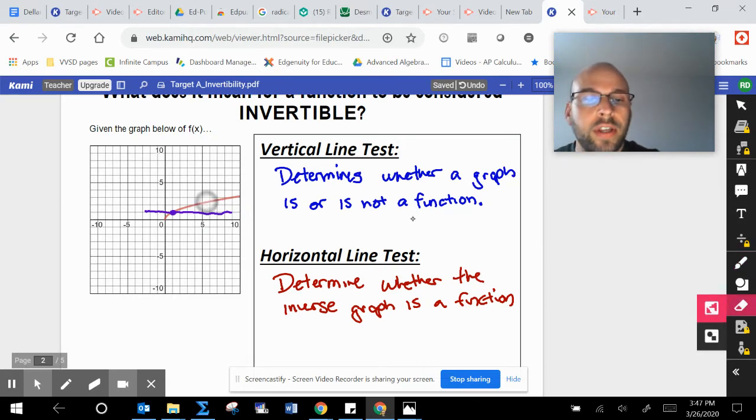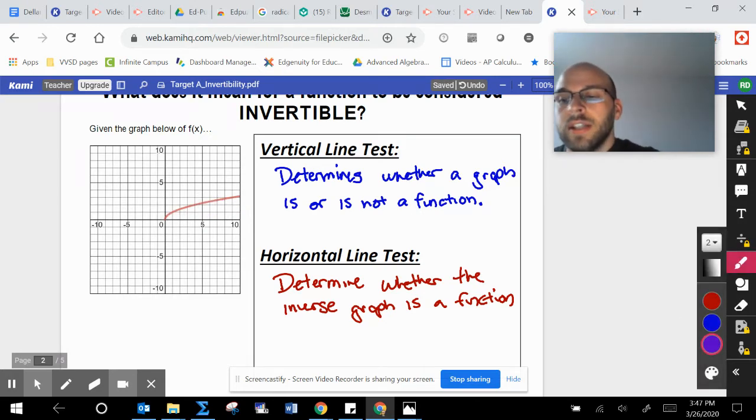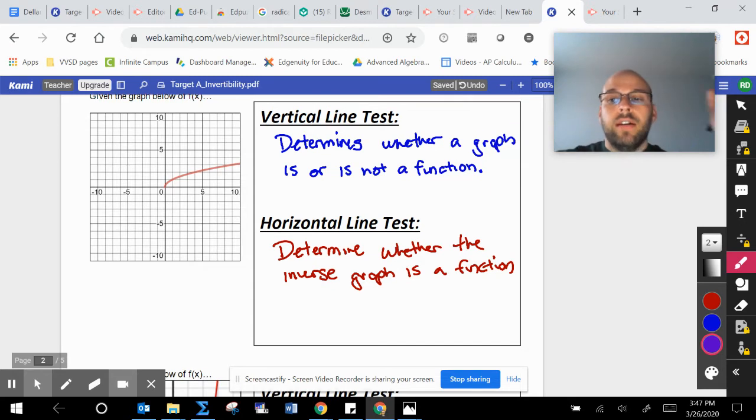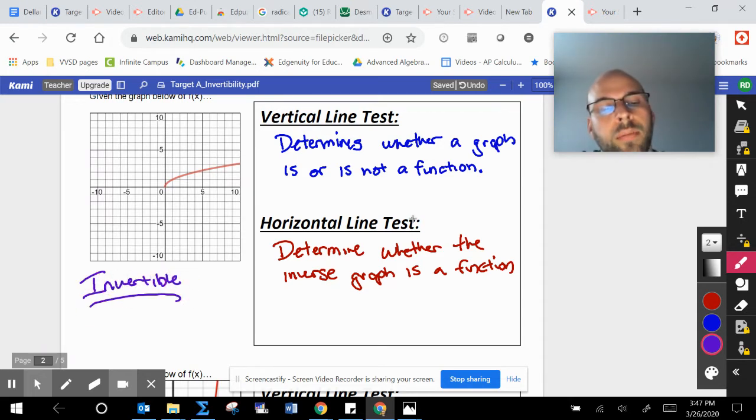So if you have a graph that passes the vertical line test and the horizontal line test, that means both the original function and the inverse can be classified as functions, and thus we have something that is called invertible.